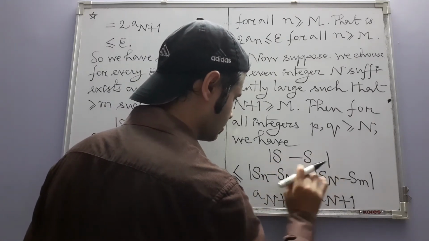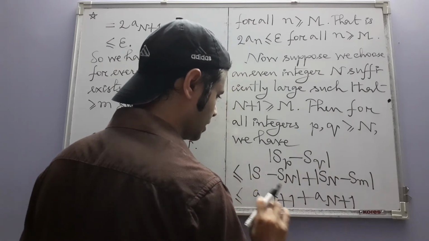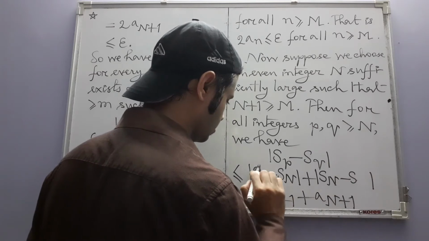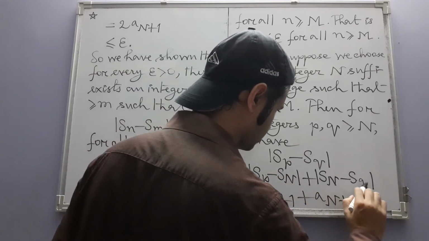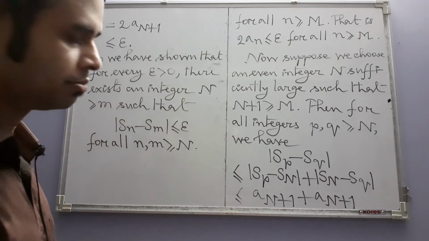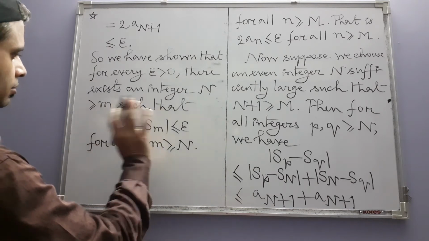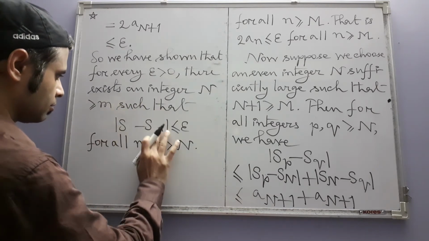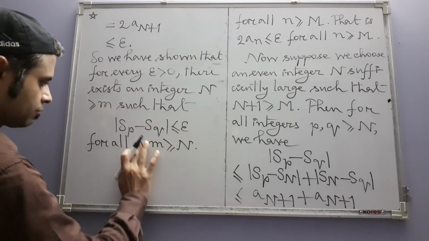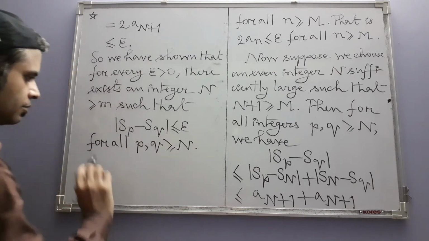We have to modify the things accordingly, because we are not doing algebra but analysis. We don't have that confusion of thinking of p and q as prime numbers. So now we have this, such that for all p and q to be greater than or equal to n.